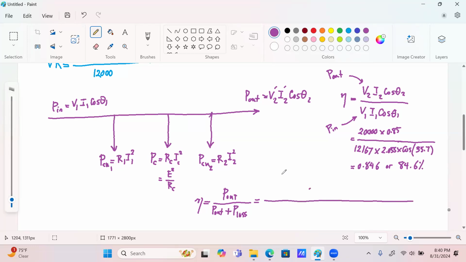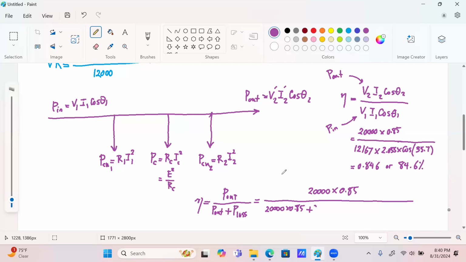So P out obviously is 20,000 times 0.85, and 20,000 times 0.85 plus these losses, R1 I1 squared.